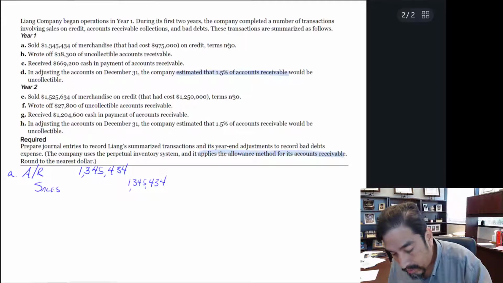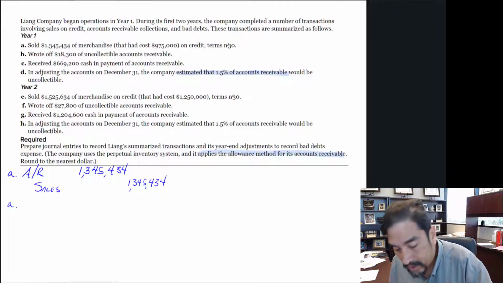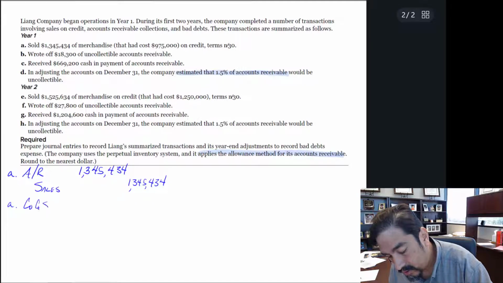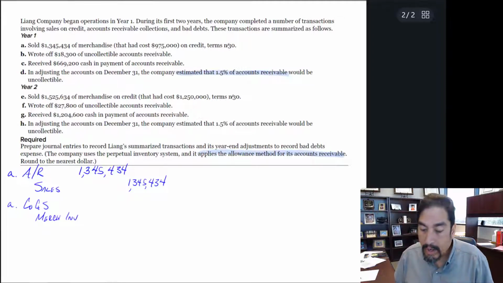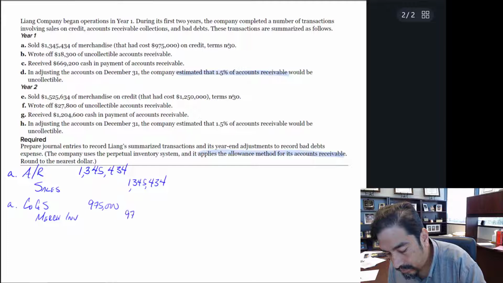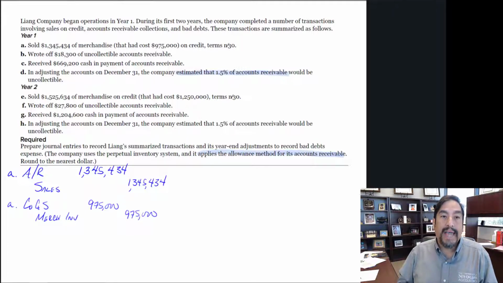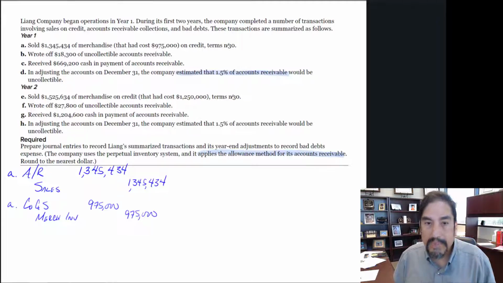That's A part 1. We need A part 2, and this is the cost piece: cost of goods sold and merchandise inventory, for the cost amount, $975,000. Okay, that's A.